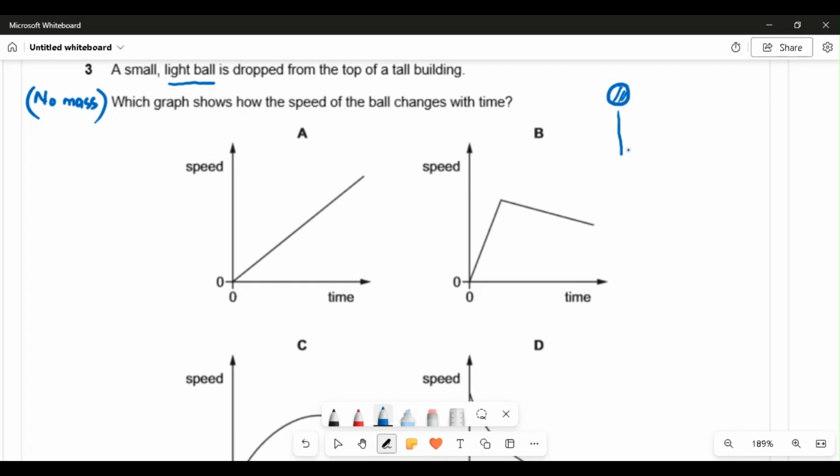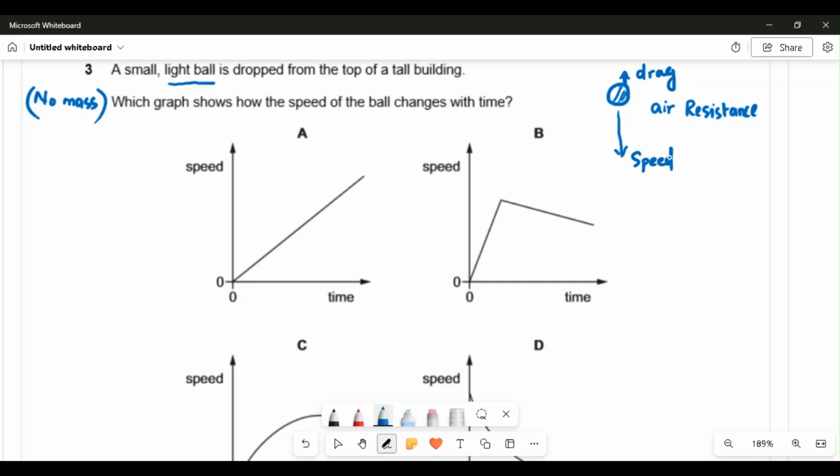First thing first, we said that the mass of the ball is negligible. When it moves down, the air resistance will affect it. So we have to remember that air resistance will create a drag, and the drag will be upward, while downward is the pull due to gravity.